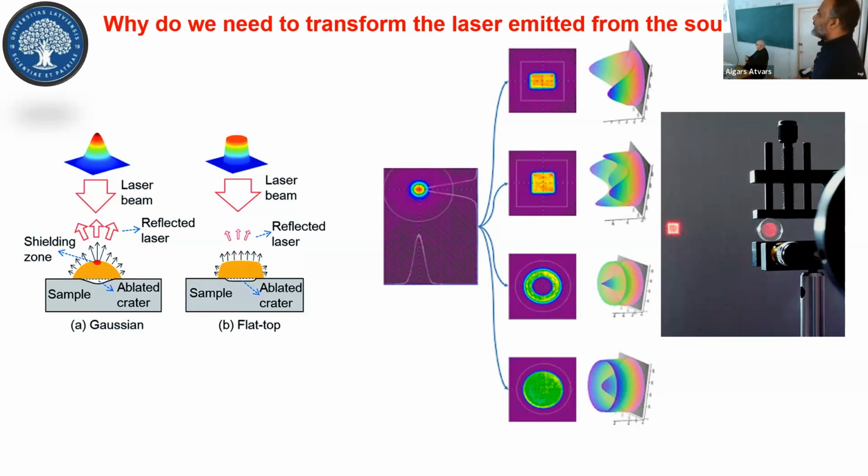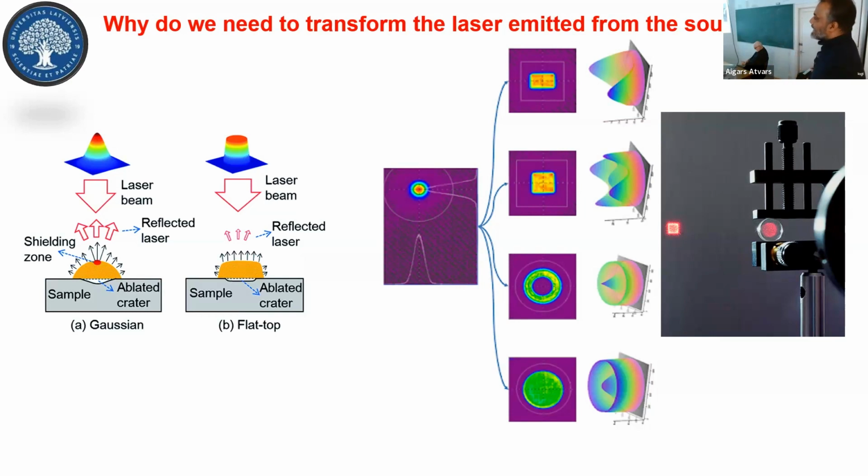So here what I did is convert the shape of the beam from Gaussian to flat top. A flat top laser beam is also called a uniform intensity beam. If you look at the profile of the flat top beam, it has a uniform intensity profile. The moment you illuminate the flat top beam on the surface of the target material, because of the flat top profile, you can lift material with uniform edges.